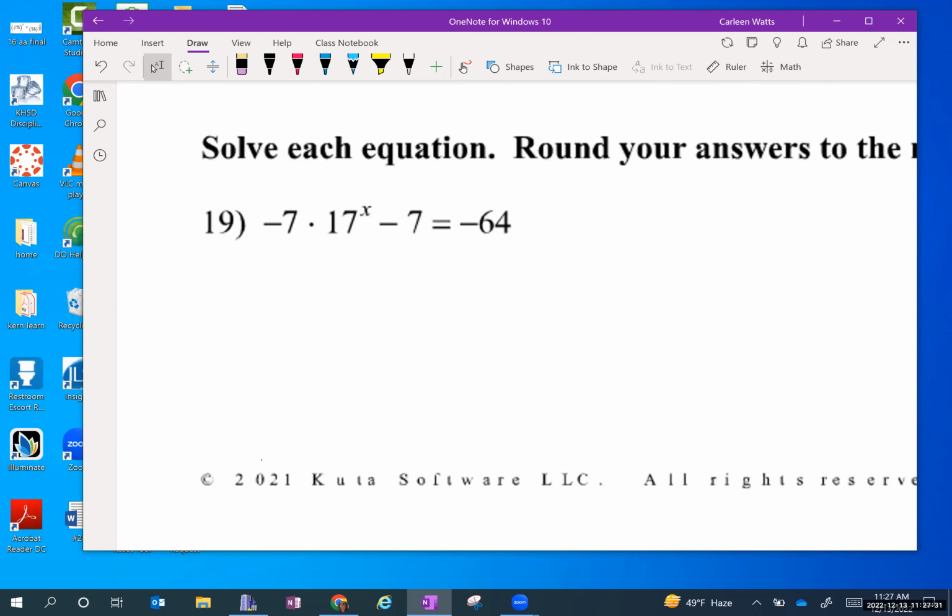Whoa, there's a lot of numbers. Draw a line down the equal sign. Isolate the variable. This is the one we're going to get rid of first. Thank you. Add 7.